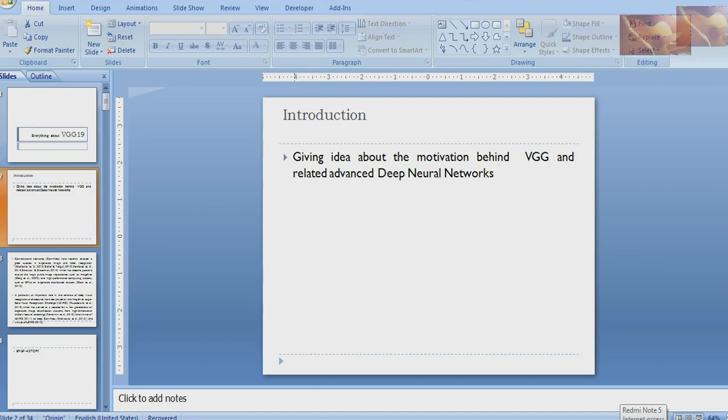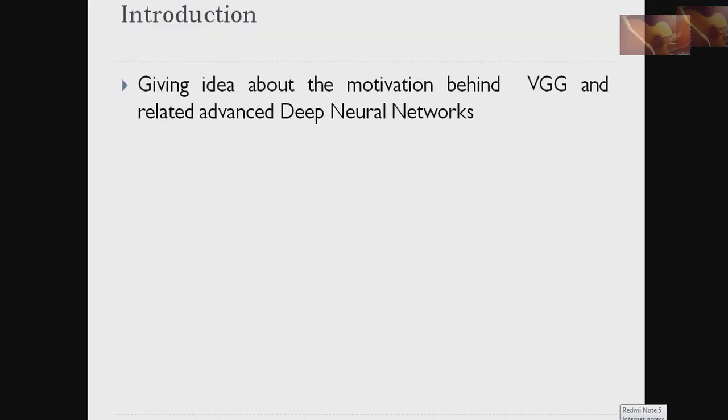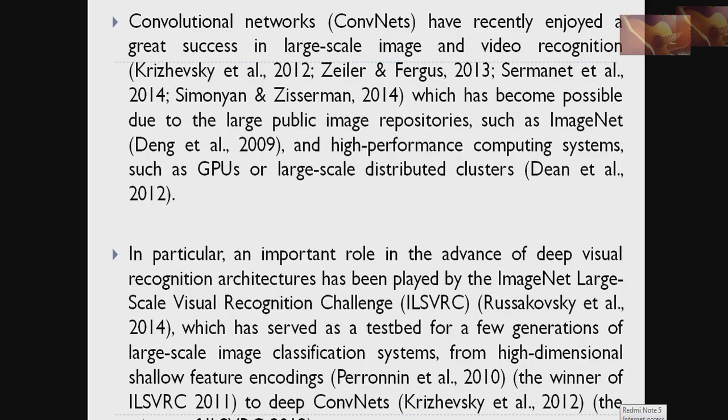The basic developments which led to VGG coming into existence are convolution neural networks, which we call ConvNets in short. They were really very successful, like the paper for AlexNet, and another paper we will see soon. Convolution networks were really very efficient in recognizing images and objects from large repositories.